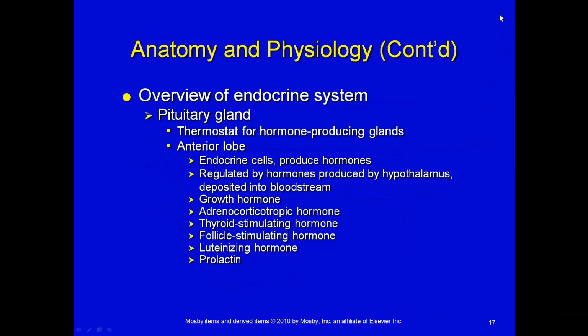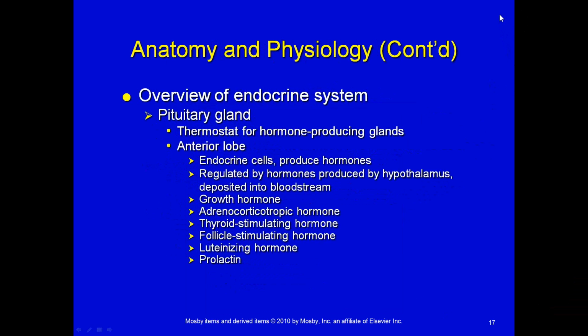Talk about the pituitary gland now. The pituitary gland is the thermostat for hormone-producing glands. In the anterior lobe is where endocrine cells produce hormones of the pituitary gland. And again, we already mentioned that the pituitary gland is regulated by hormones produced by the hypothalamus that are deposited into the bloodstream.